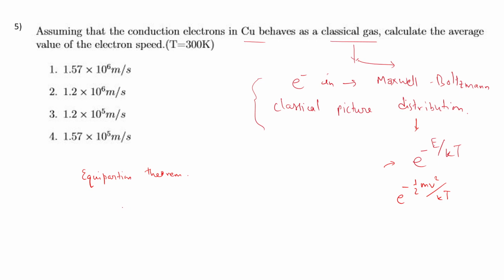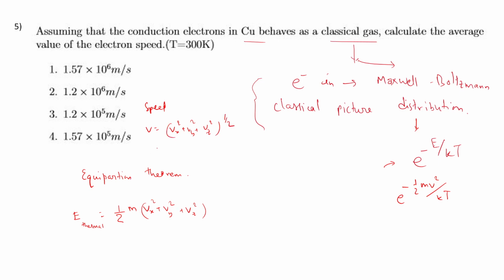So you want to calculate the speed. The thermal energy E of the electron, in the classical picture, is half m (Vx square plus Vy square plus Vz square). The speed V is given as (Vx square plus Vy square plus Vz square) to the power 1 by 2.